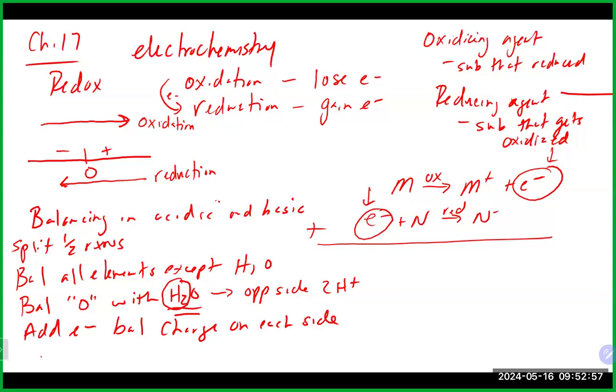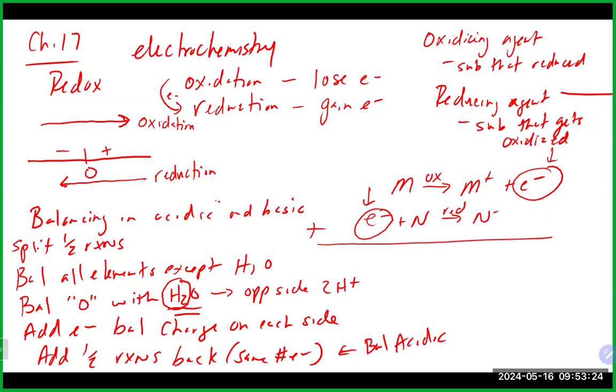We then could add our half reactions back as long as we have the same number of electrons in each. And if we do not have the same number of electrons in each, we then would need to multiply each half reaction, maybe by a constant number or one of the half reactions by a number to do that. And if you do all that, it should then be balanced in acidic conditions.